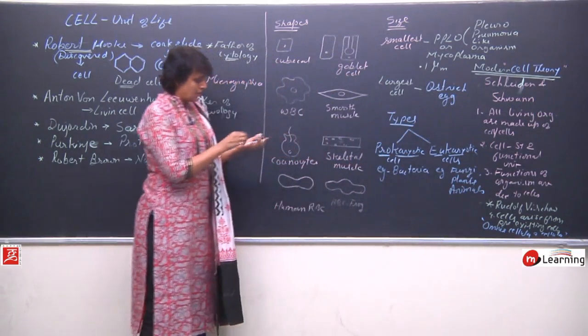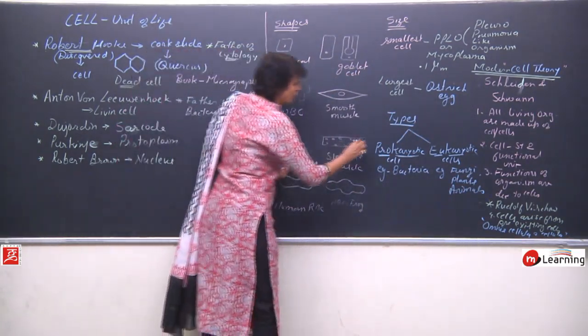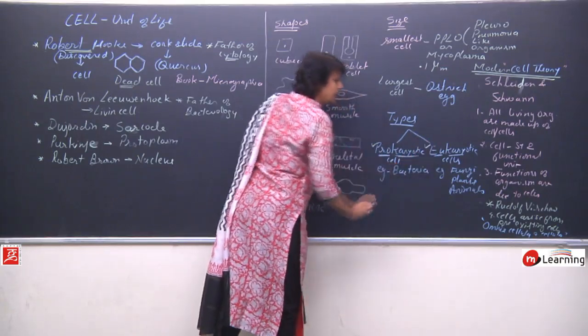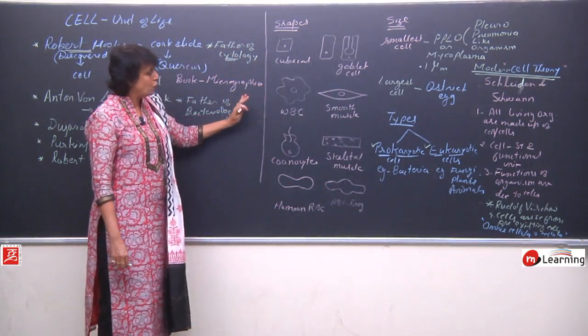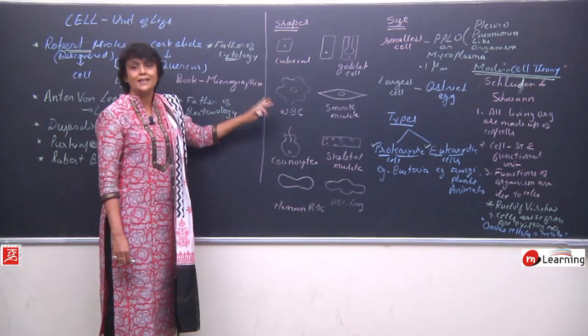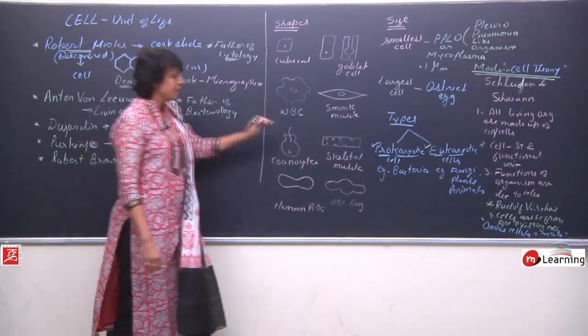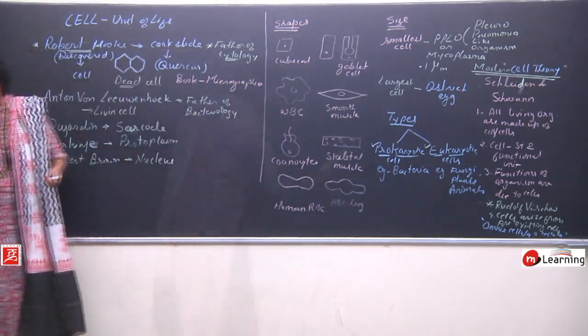Now, in this further part, we would try to see the structure of prokaryotic cells and eukaryotic cells. So, this was just the basic of what a cell is and how different shapes, sizes and types of cells exist. Now, let us see the prokaryotic and eukaryotic cells.